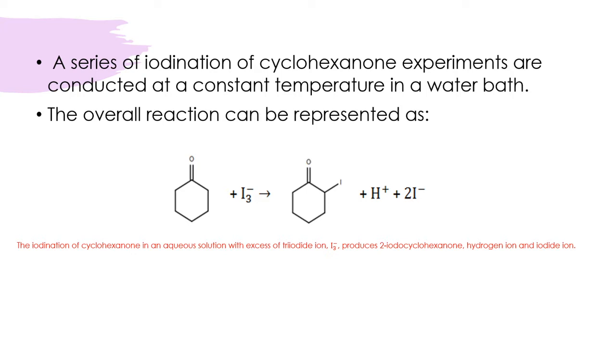The overall reaction can be represented as follows. Here you have cyclohexanone, which in your lab manual is symbolized by the letter S. You have the triiodide ion, I3-, and that gives you iodocyclohexanone, hydrogen ion and iodide ion.